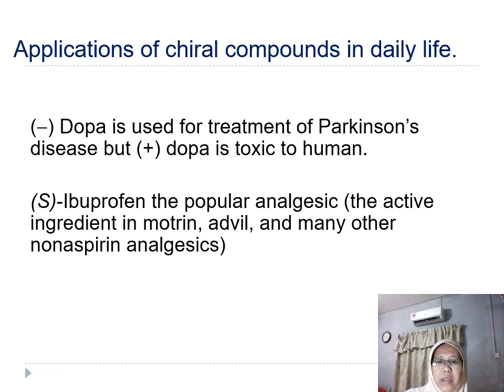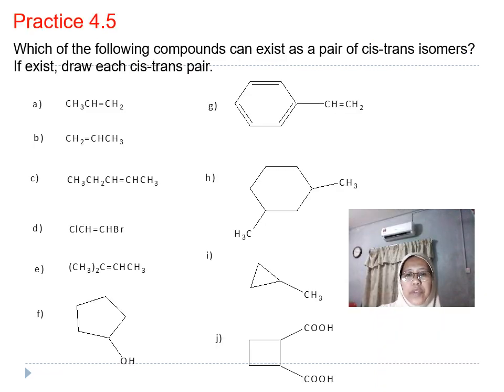Okay, practice 4.5. You have to determine whether these compounds can exist as a pair of cis-trans isomers or not. If cis-trans exists, draw each of the cis-trans.